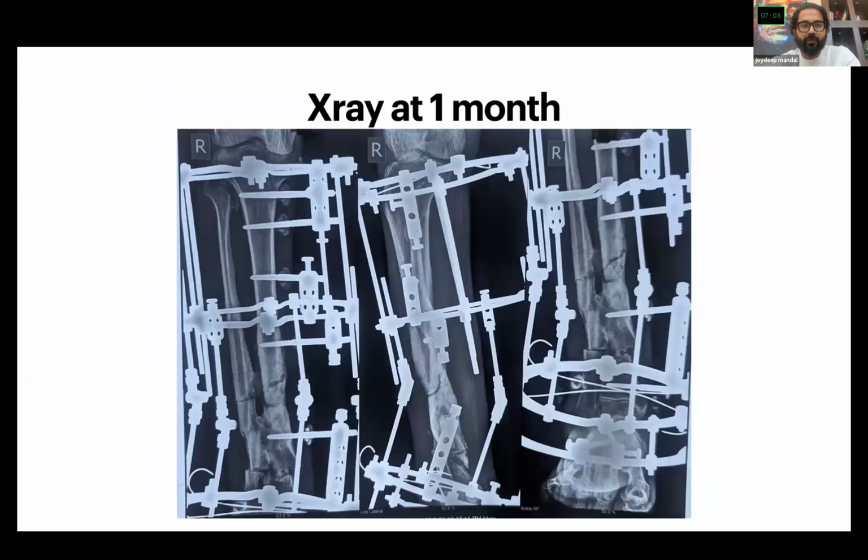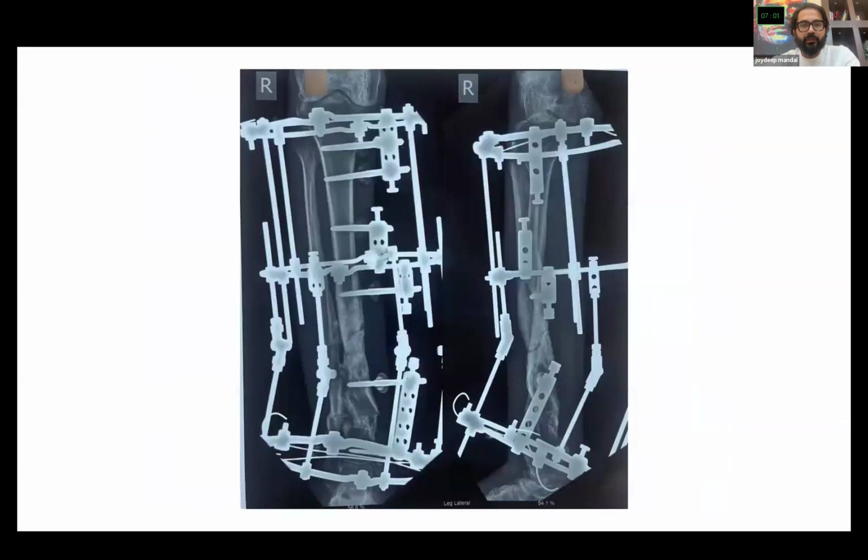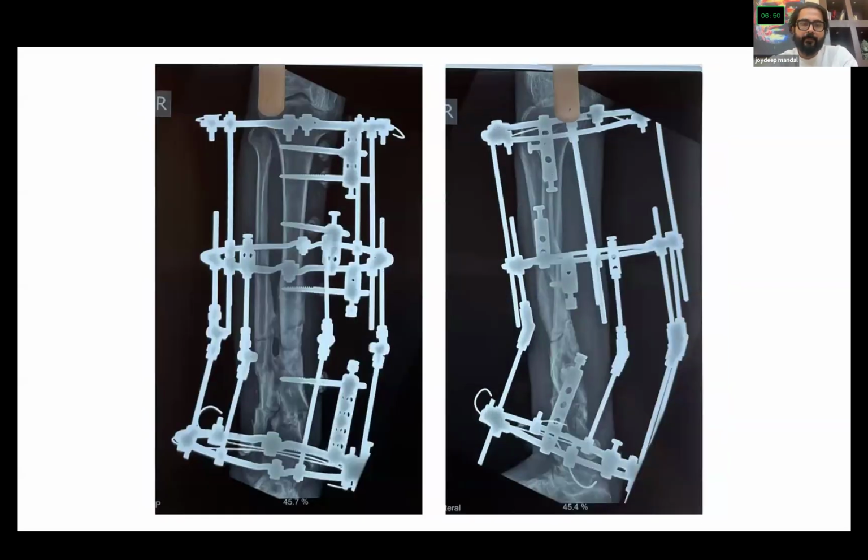This is the X-ray at 1 month and the X-ray at 4 months that shows consolidation of the osteotomy, but the fracture consolidation is still doubtful. This is the X-ray at 6 months, where the osteotomy has been completely consolidated, but the fracture was still doubtful.